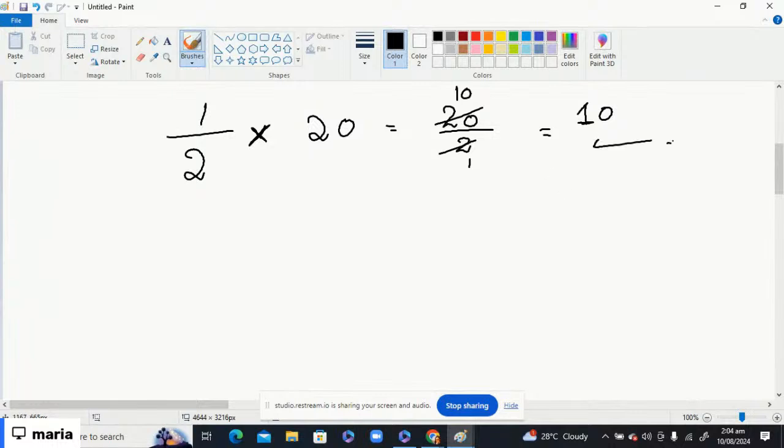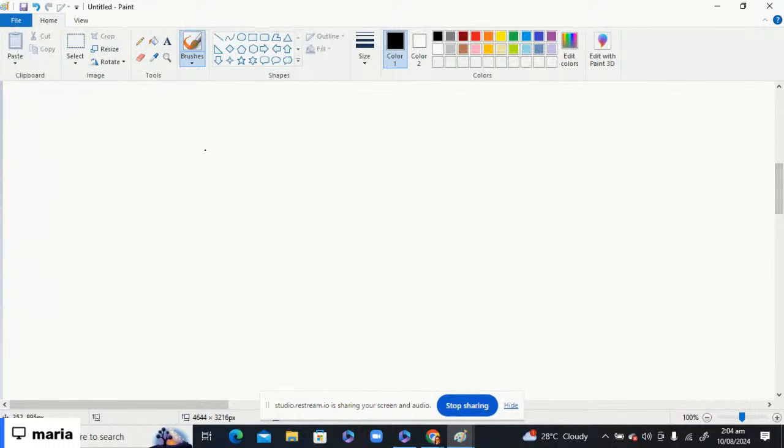Now let's suppose, for example, we find a question like 1 times 18. Okay. So 18 times 1 is 18, and you put 6 here. So 6 times which number is 18? 6 times 3 is 18.